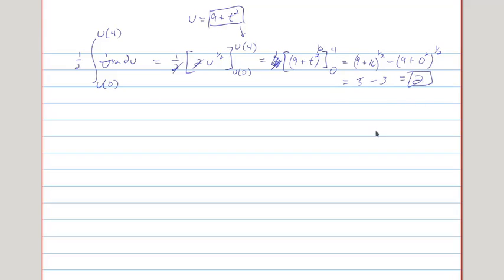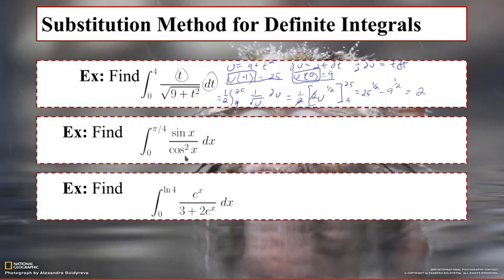So either way you want to do it, if you want to actually change your bounds of integration and just carry them through until the end, till you get your final answer, or if you want to just hold off on calculating what those new bounds are, and then get back into the original variable, you can do it either way. That's entirely up to you.